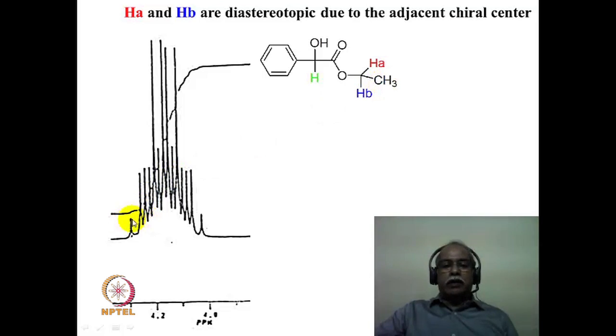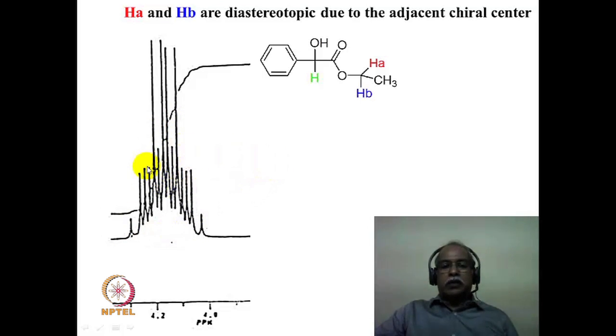If you count here, starting from here, this is 1, 2, 3, 4, 5, 6, 7, 8, 9, 10, 11, 12, 13. There are 14 lines seen in this particular case. It should have been a 16-line pattern. Out of that, 2 lines are accidentally merging with each other, resulting in the overlap of 2 signals, reducing the number of signals seen to 14.